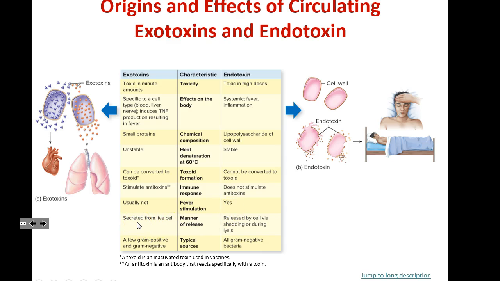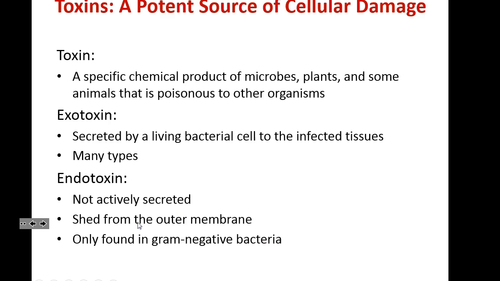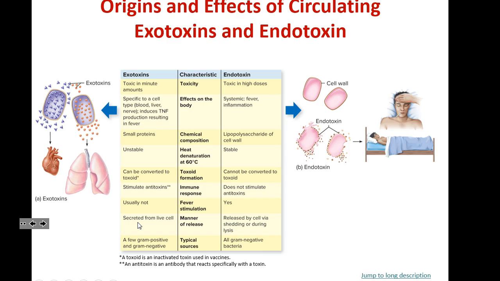Now, just to go back a couple of slides to remind ourselves about exotoxins and endotoxins. Exotoxins are secreted by living bacterial cells into the infected tissues, whereas endotoxins are not actively secreted. They are just shed from the outer membrane, found only in gram-negative bacteria.